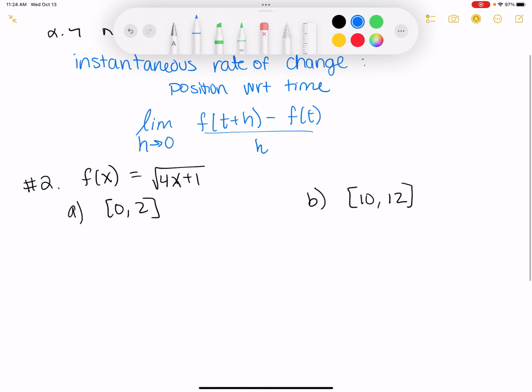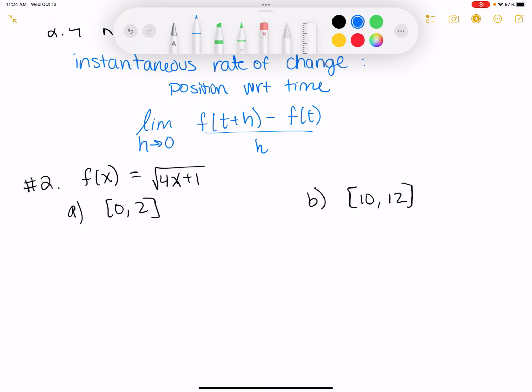So in this case, we are actually just literally plugging in the numbers into the function and dividing it by, let me see, did I actually give y'all that formula?